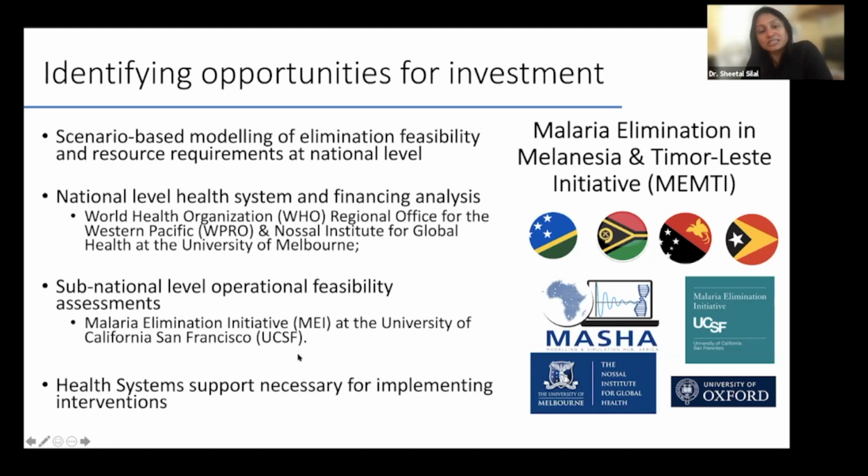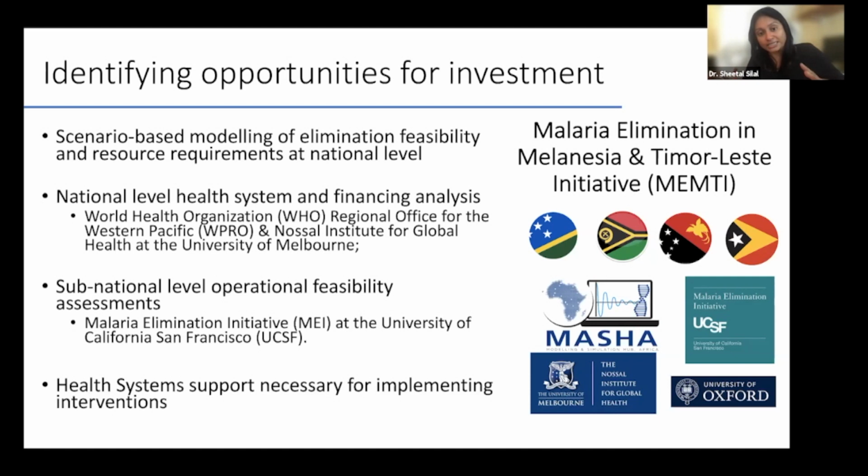So these 3 studies came together in order to allow us to highlight which interventions should be funded and what aspects of the health system needed to be strengthened in order to achieve maximum gains from those particular interventions. So for me, this highlights that modeling is a multidisciplinary process, it's not just the domain of mathematicians or clinicians.